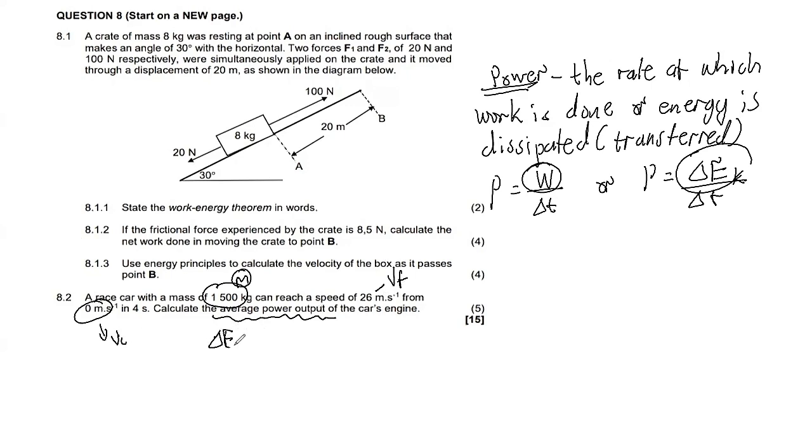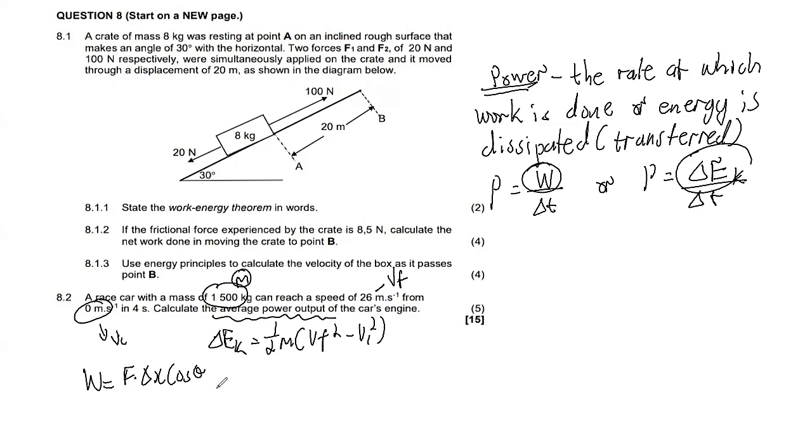Looking at the formula for change in EK, I can see that this fits perfectly. But if I were to check the formula for work, that's just F delta x cos theta. I don't have anything to calculate my work here because I would need the force applied, the displacement, and the angle. So I don't have any of those.